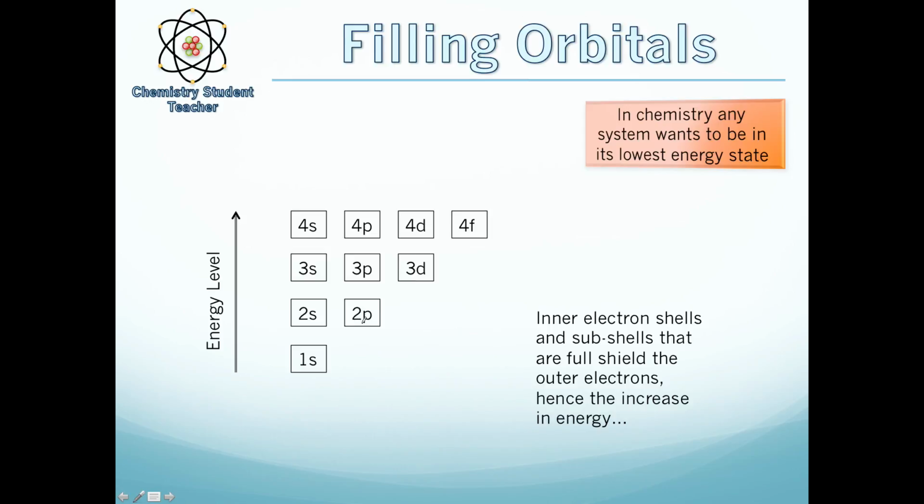For example, 2p is still a lower energy than 3s, but a higher energy than 2s. So 1 is a lower energy than 2, lower than 3 and so on, and S is a lower energy than p, which is lower than D, and so on.